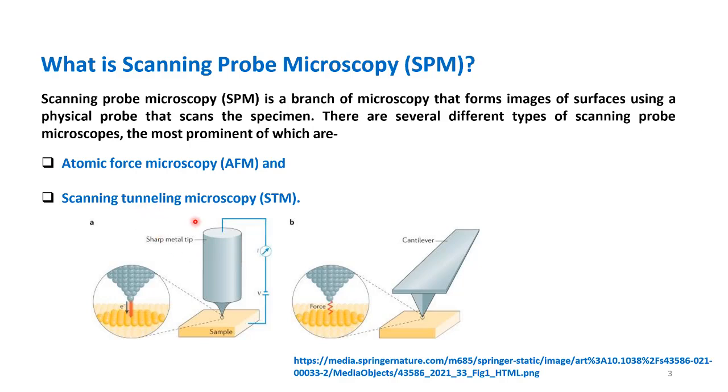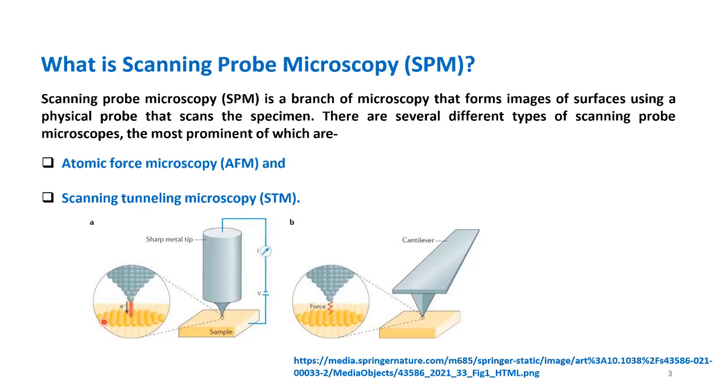Then in the scanning tunneling microscope, we have a metal tip over here and the sample, and one more thing, here the sample should be conductive because electron charge transfer takes place. When the tip comes very close to this sample, electrons will start flowing, like they jump from the tip to the sample.